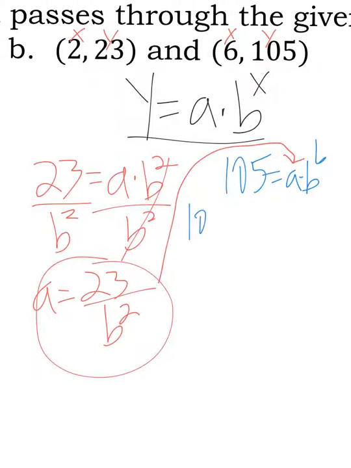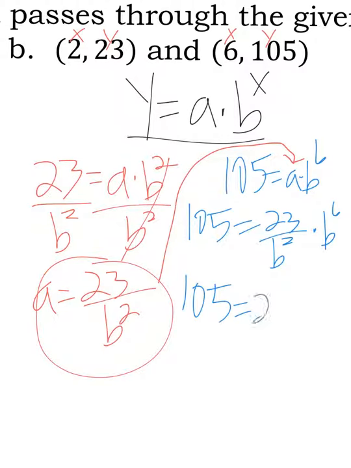And so 105 equals 23 over b squared times b to the 6th. So since you're multiplying times b to the 6th, that's like it's on top. It's like it says 23b to the 6th over b squared. So if you have the 6th power on top and the 2nd power on bottom, subtract the powers, you get power 4. So 105 equals 23 times b to the power 4.